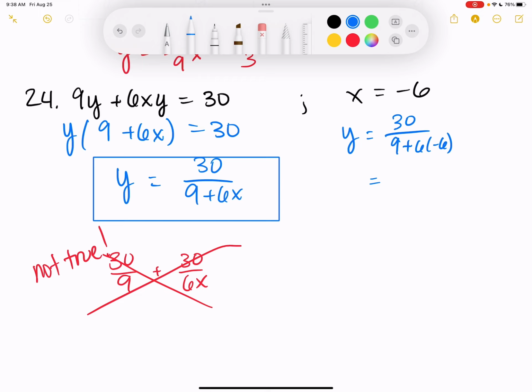What's that? 30 over negative 27. That's what I said. And then that would reduce to negative 10 over 9. Take out a 3.